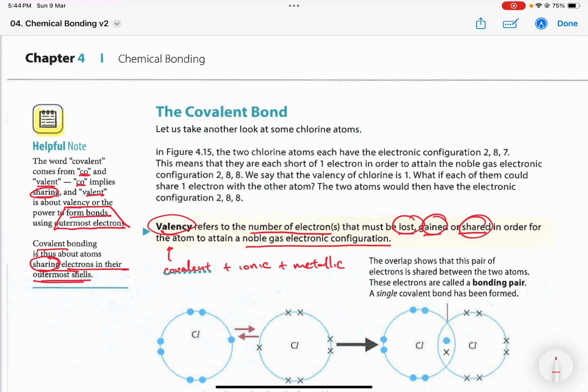So how do I know the valency of the atoms of the elements? It actually follows the group. I have group 1, group 2, group 13, group 14, group 15, group 16, group 17, and then group 18.